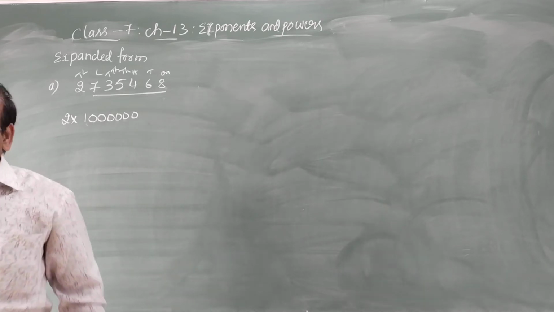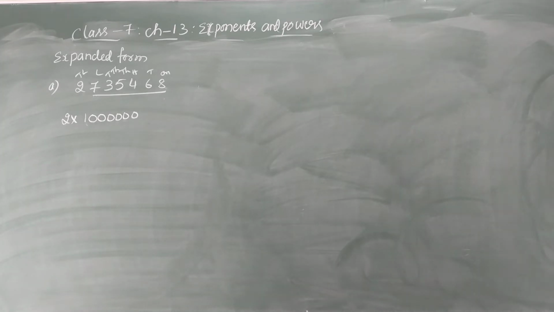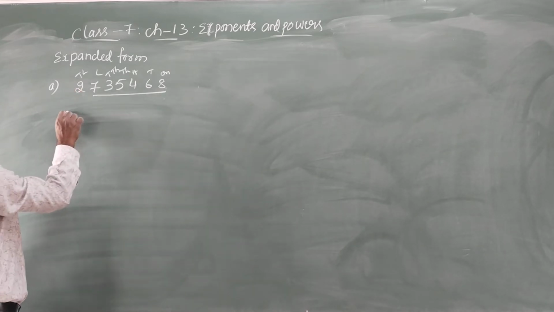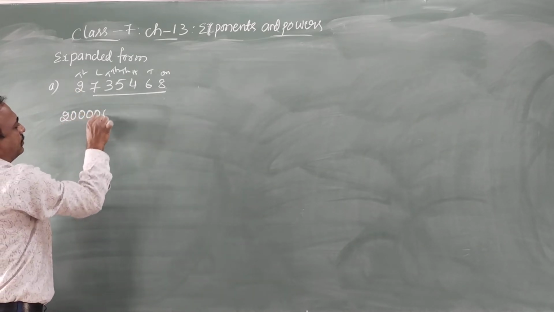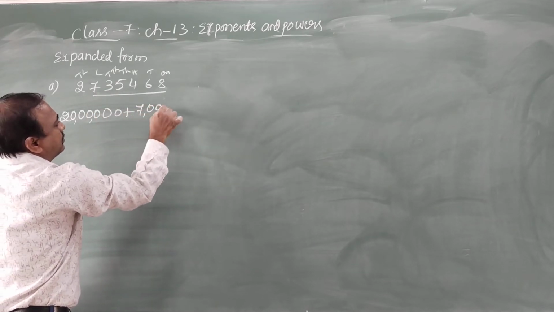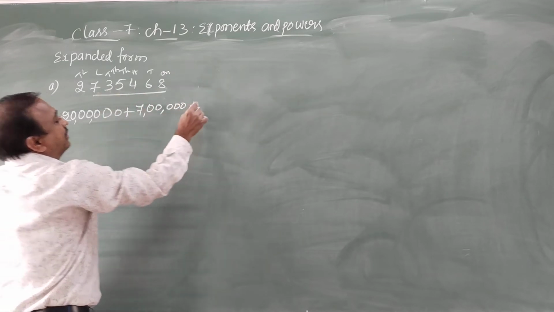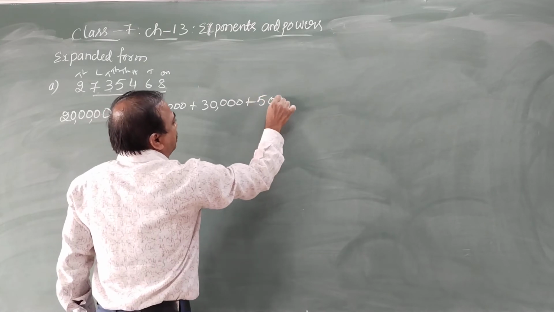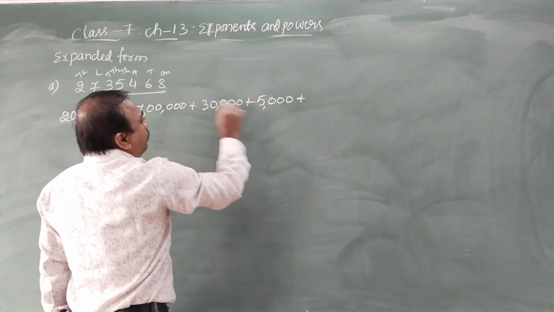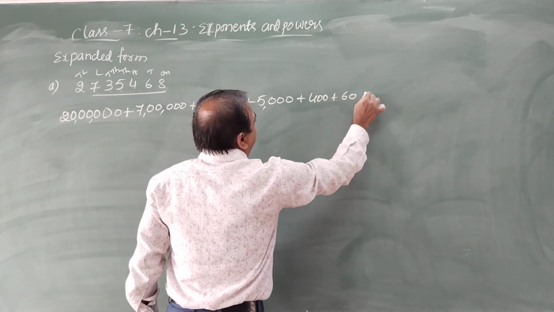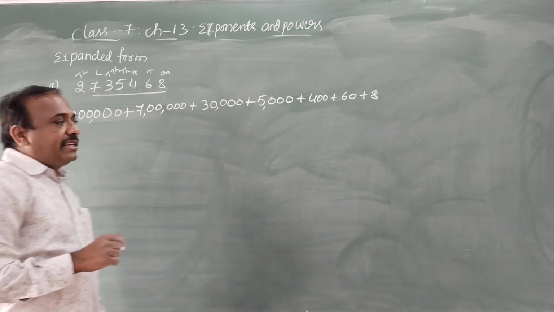Am I right? So instead of that you can write another place. First you will write 20 lakhs, plus 7 lakhs, plus 30,000, plus 5,000, plus 400, plus 60, plus 8.